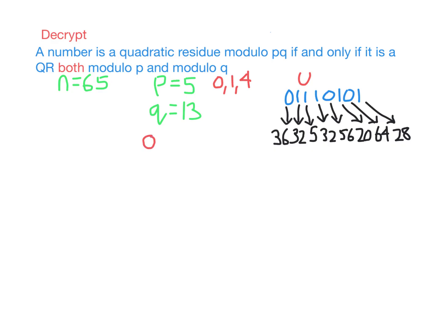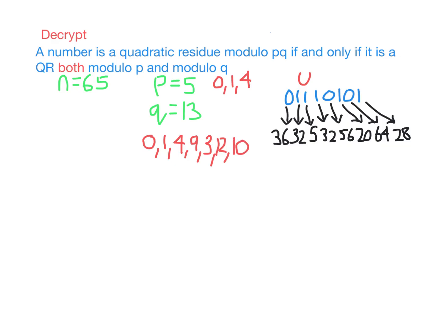So 0 squared is equivalent to 0, 1 squared, 2 squared, 3 squared is 9, 4 squared is 16, which is equivalent to 3 modulo 13. Then 5 squared is 25, which is 12 modulo 13.